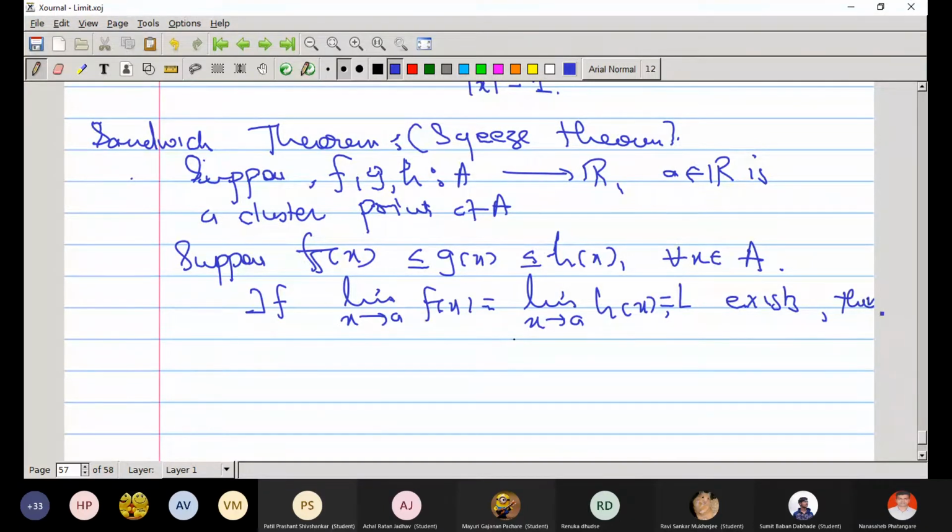Then the limit as x tends to a of g(x) also exists, and it is the same as L. What should be the limit of g at a? L. Yes, it should be the same as L.